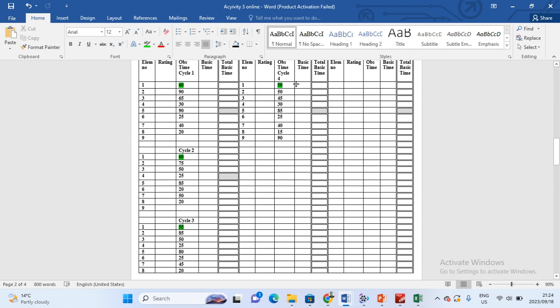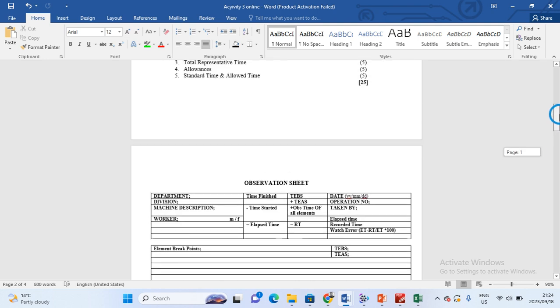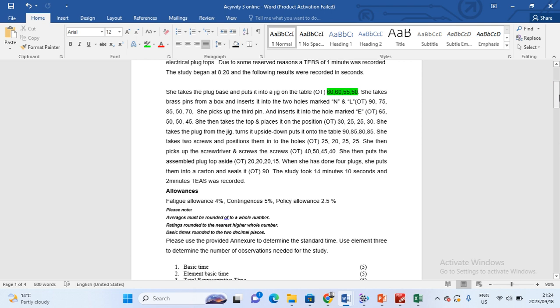We have 9 elements in our life cycle, but in all the other cycle, we only have 8 elements. I hope we are clear on that. All right. Sometimes, if something like in our activity 2, it should be precise that a certain element only happened in cycle 1 and cycle 3, for example, or it may happen only in cycle 4 and cycle 6. Just read your case study very carefully before attempting to answer it.